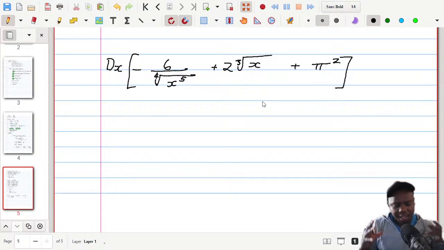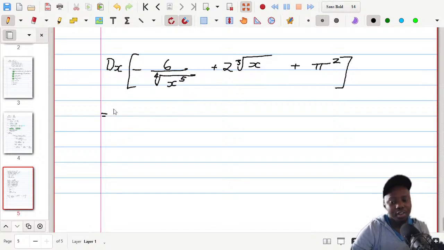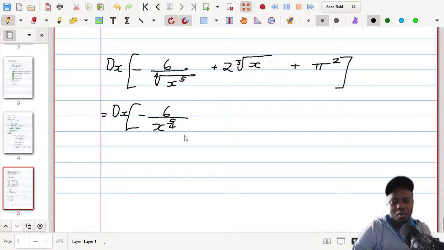Okay, the first thing you want to do is write all of the surds in exponential form. Because we're not yet finding the derivative, keep the dx there. This is minus 6 over x to the power 5 over 4 plus 2x to the power 1 over 3 plus pi squared.